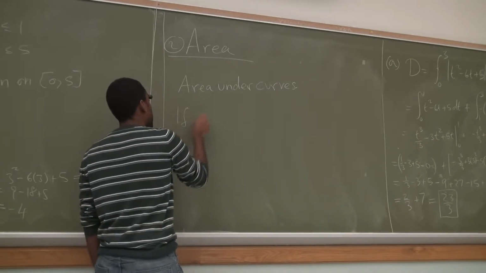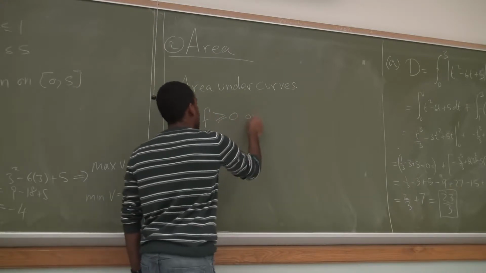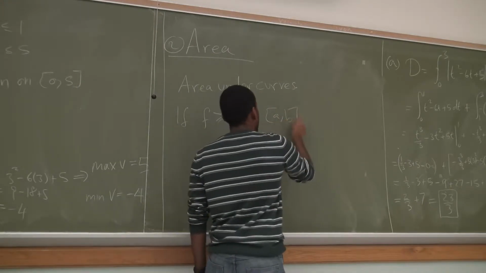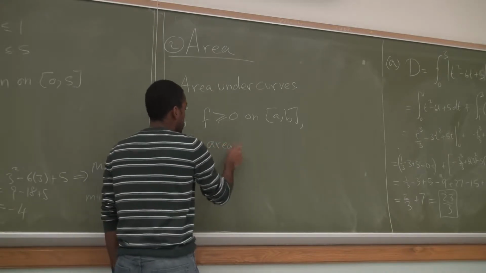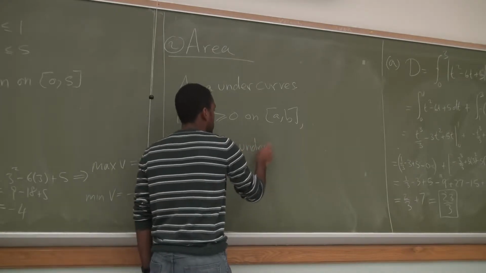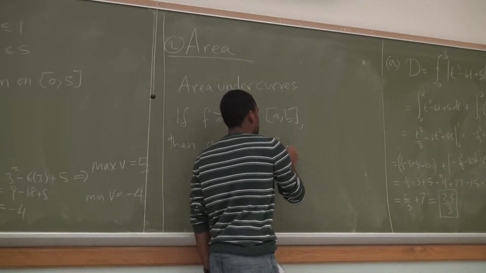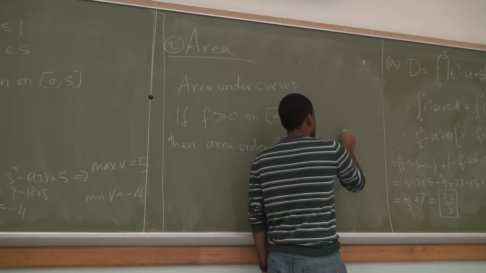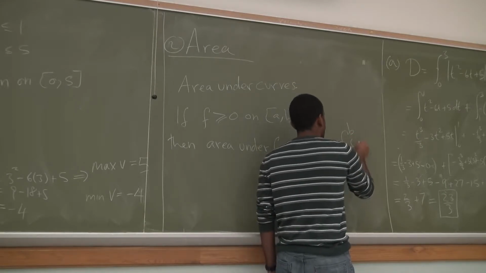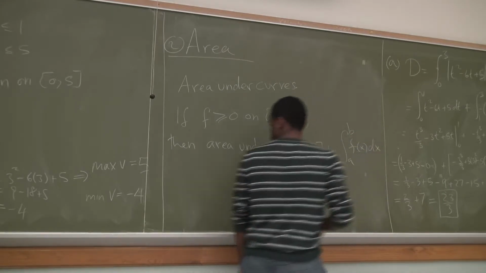So this is just, if f is positive on [a, b], then the area under f on [a, b] is the integral of f(x) dx.